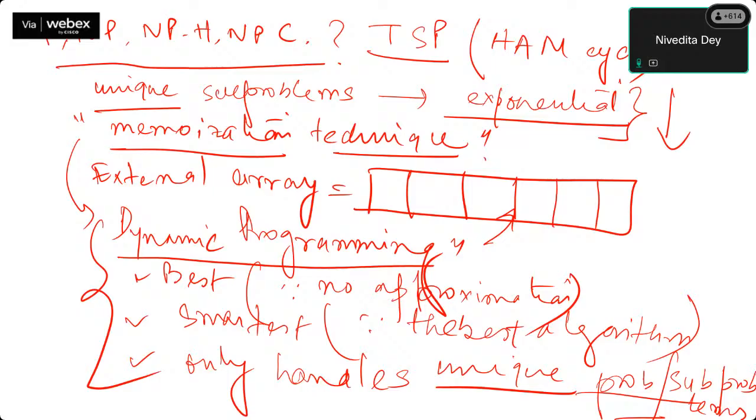Now we should all be on the same page that all the discussion we have done is just to prove one thing: there are certain kinds of problems for which no matter how hard we try to find the unique subproblems, so that some of the repetitive tasks we can delegate to earlier called functions, we cannot do that.